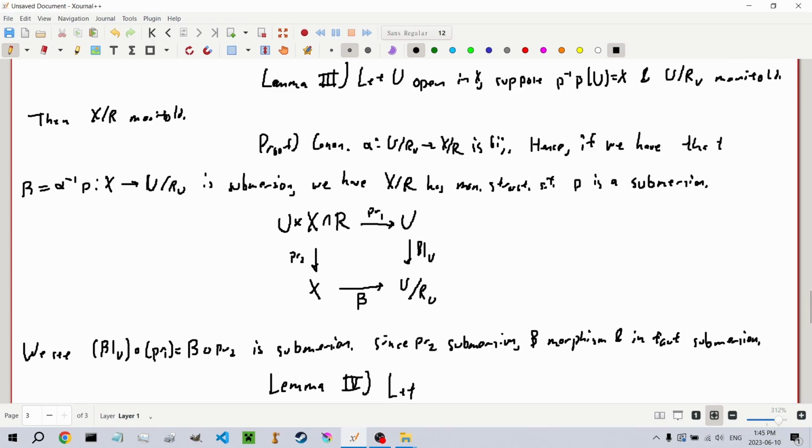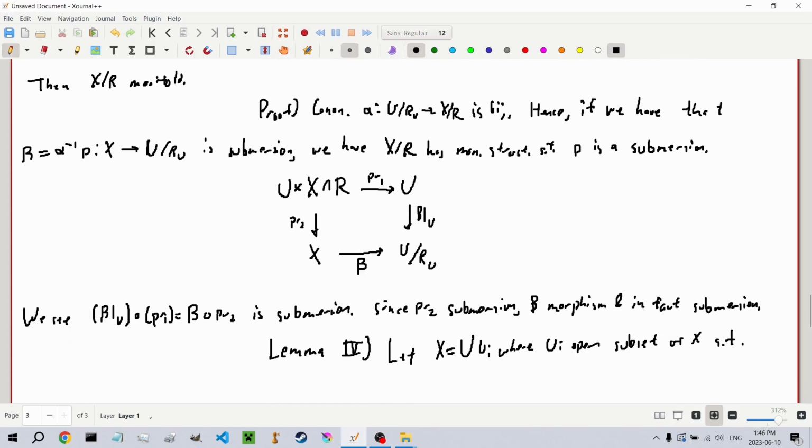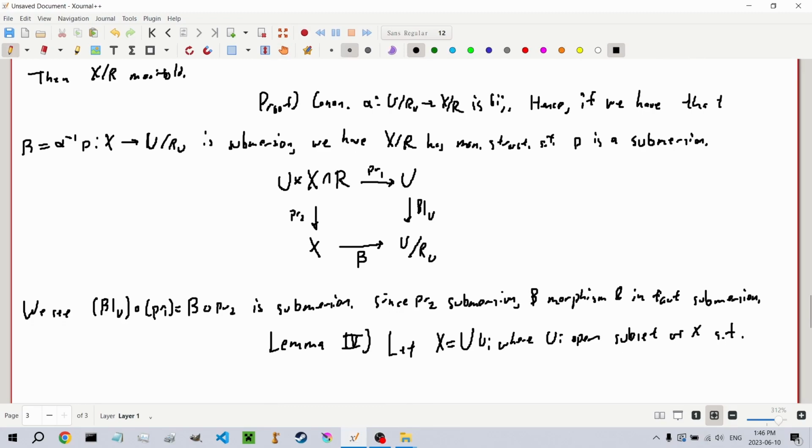Let X be the union of Ui, where Ui is an open subset of X for each i, such that Ui over R of Ui is a manifold.